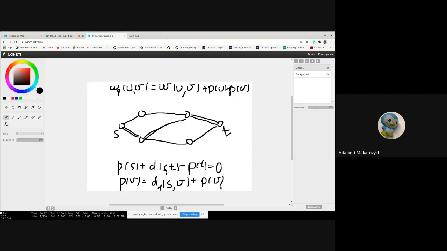Because we are accumulating this potential, our first property of potential being the actual distance from the source to the vertex is held. So this algorithm works in V log V per iteration instead of V squared.